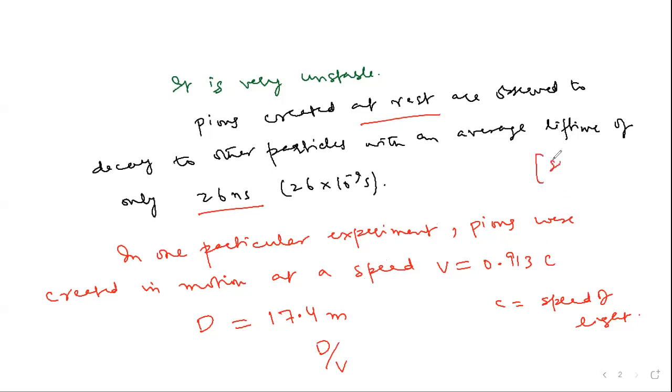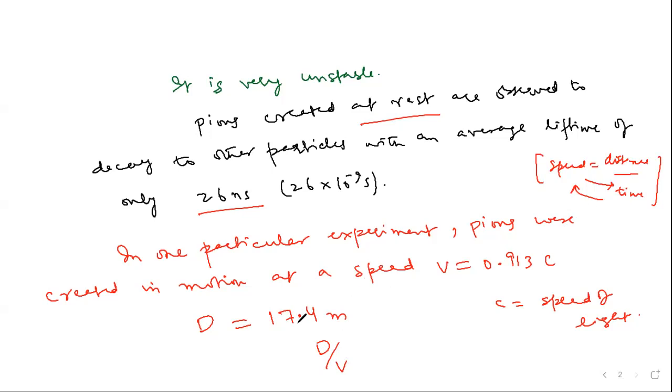You know, speed is equal to distance over time. So time will be, we take time here, speed will come downstairs. Time will be distance over speed.